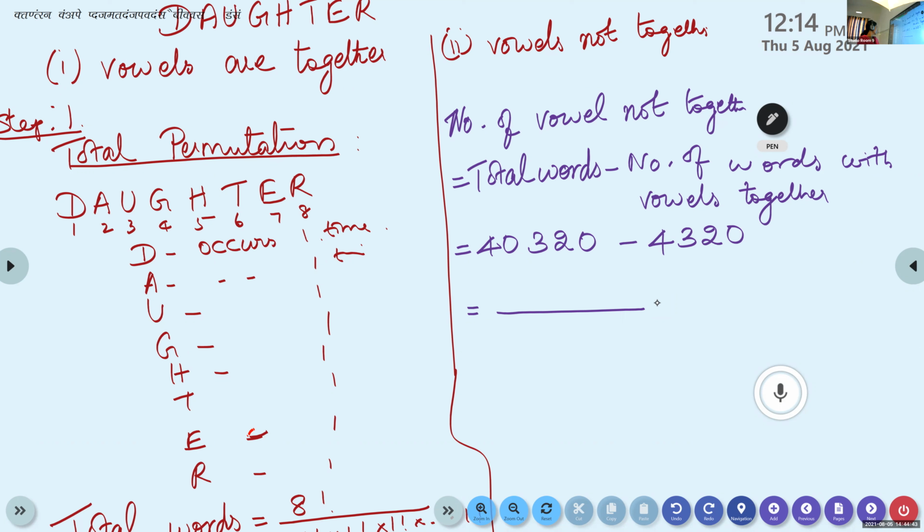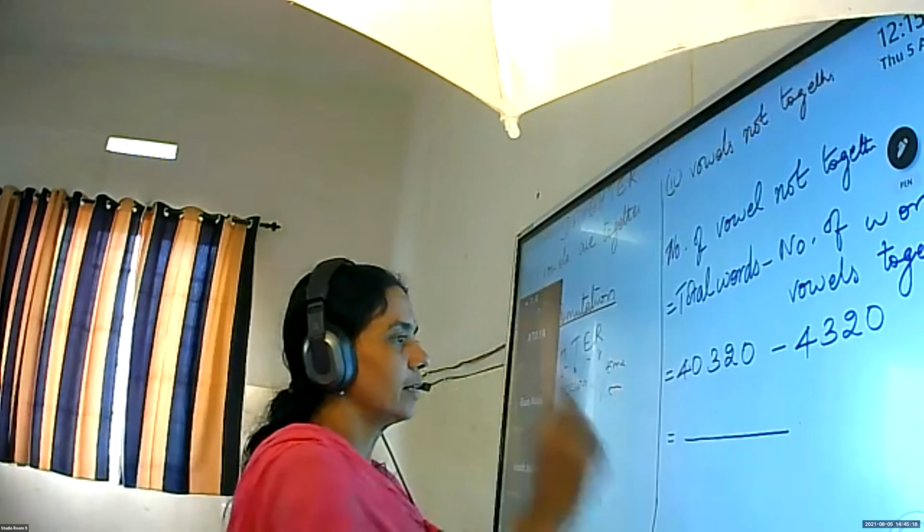So what is the answer? Vinayak, 40,320 minus 4,320. What is the answer? Navrin, give the answer.